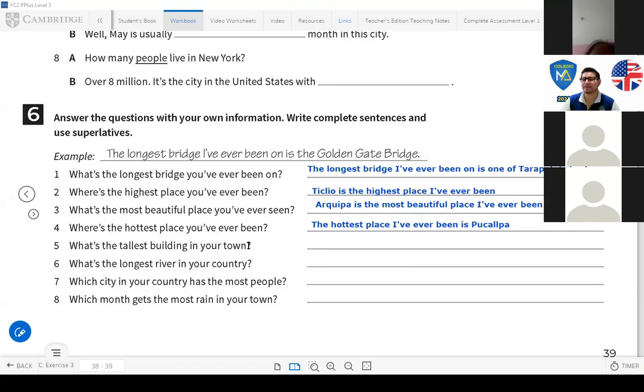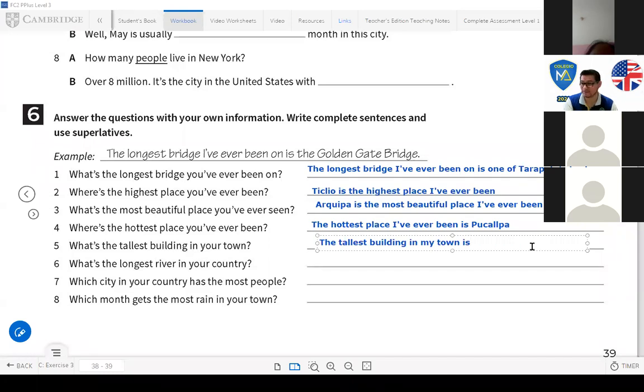What's the tallest building in your town? In Huánuco, what's the tallest? Let's see. The tallest building in my town, I think, is Huánuco's clinic, right? La Clínica Huánuco, I think.